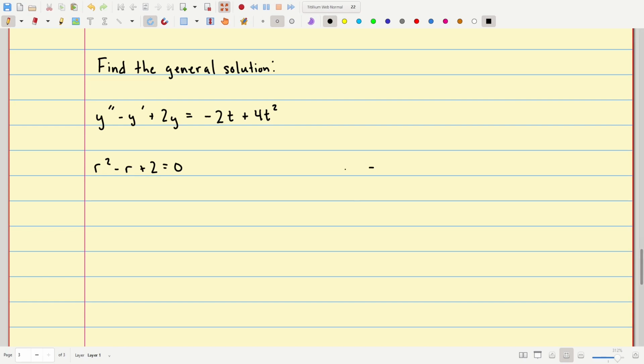So we use the quadratic formula in order to determine the value here. So we get minus b plus or minus the square root of b squared minus 4ac, and then all over 2a.